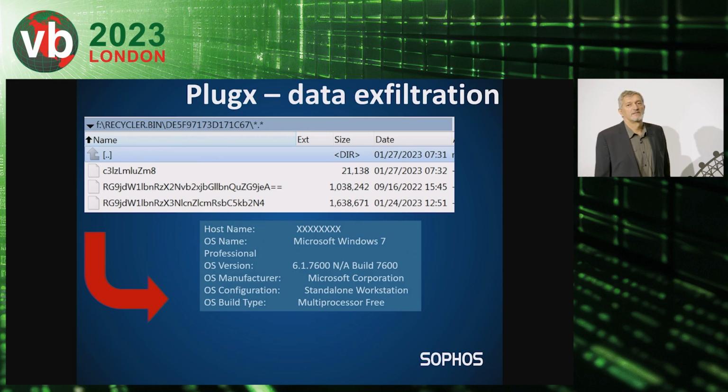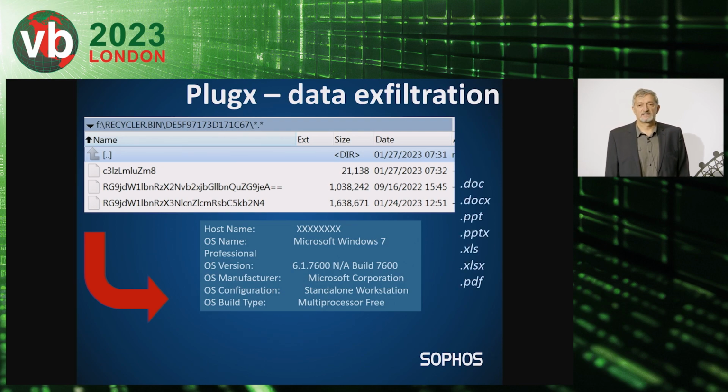And this is where another feature of this PlugX worm comes into play, which is data exfiltration. It has added this feature to exfiltrate data from air-gapped networks. It collects document files from the system and stores them in the directory.